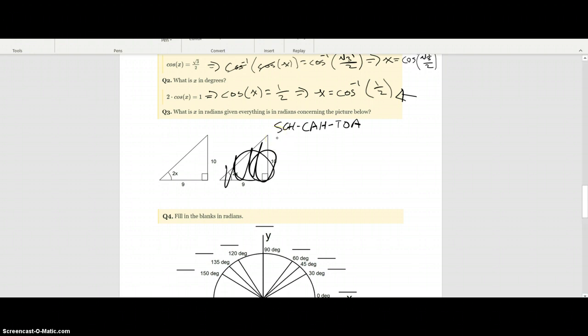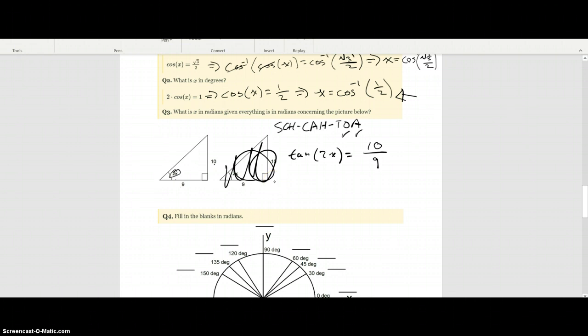The reason we're using tangent here: let's look at this angle right here. It's 2x. We have an opposite as well as an adjacent side, so therefore we use tangent. So tan of 2x is equal to opposite over adjacent. The opposite side is 10, and the adjacent side is 9.